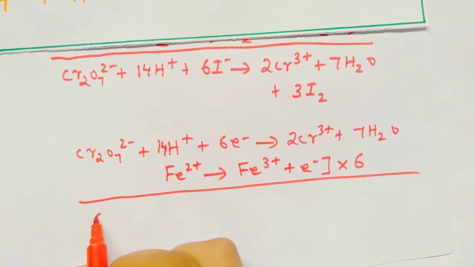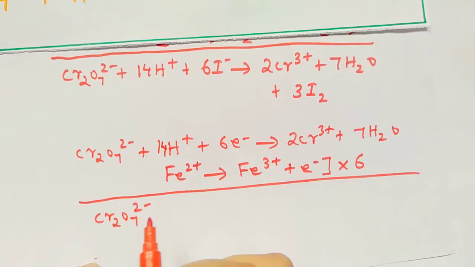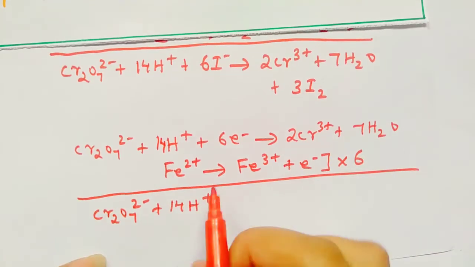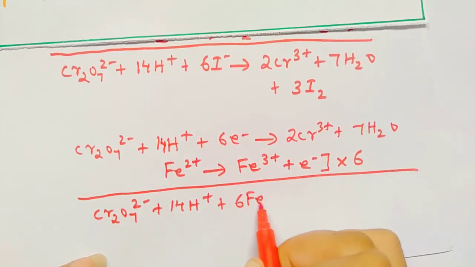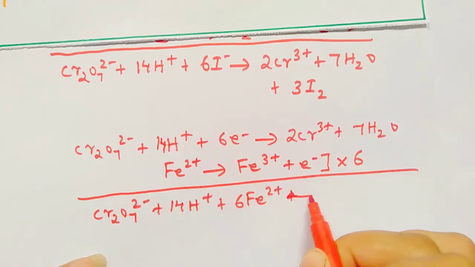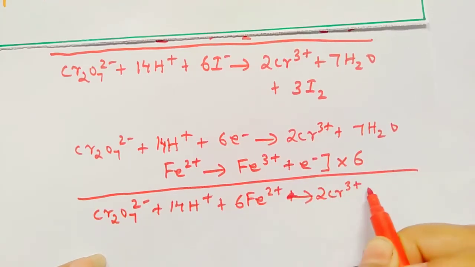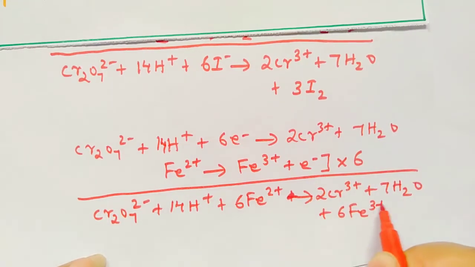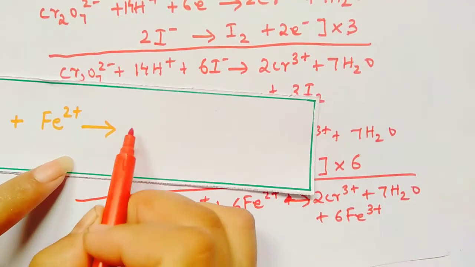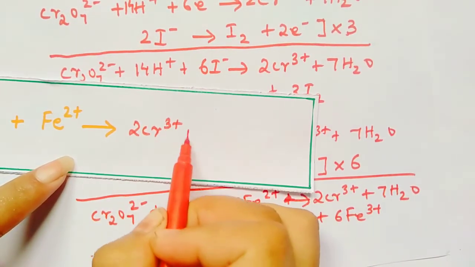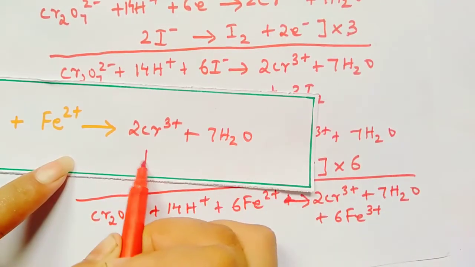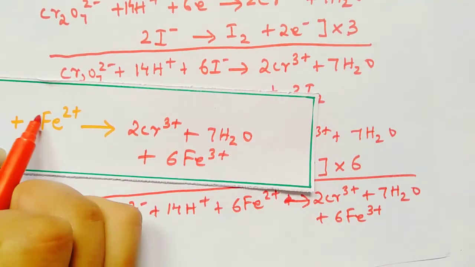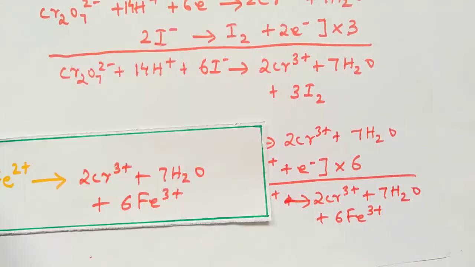Then add them up together. You have Cr2O7 2 minus plus 14H plus, the electrons get cancelled, and then you have 6 Fe2 plus, 2Cr3 plus, 7H2O and 6 Fe3 plus. So what do you get? You have 2Cr3 plus, 7H2O plus 6 Fe3 plus. Here you have 14 and here you have 6. We are done with the second one.